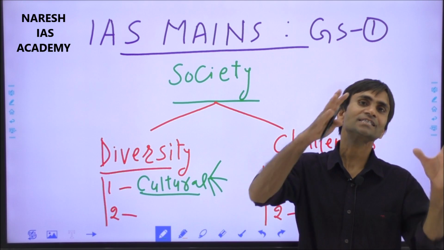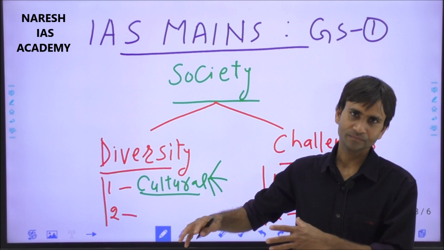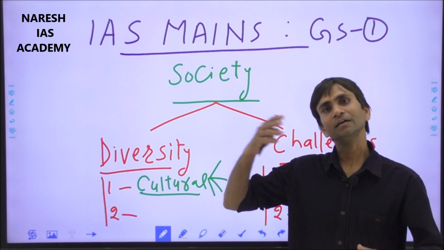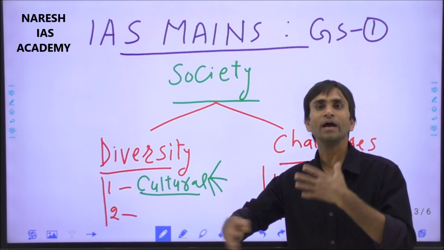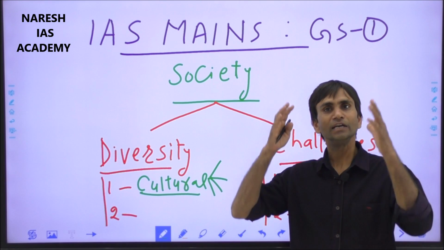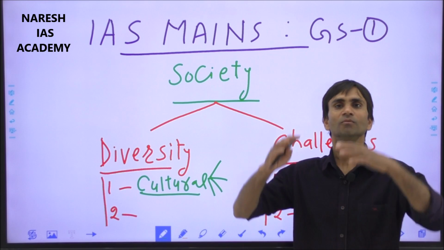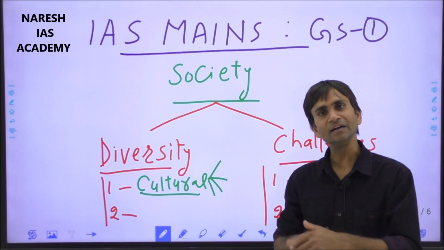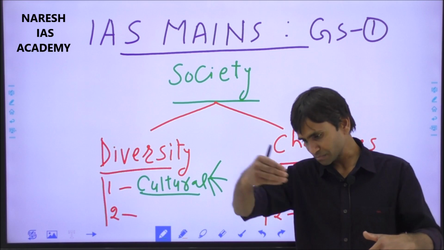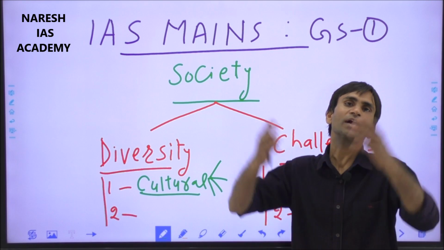So this is the stagnation of the cultures. On the other hand, we can say Indian society has also adopted new changes from western countries or from within the country, and this has made Indian society more dynamic.